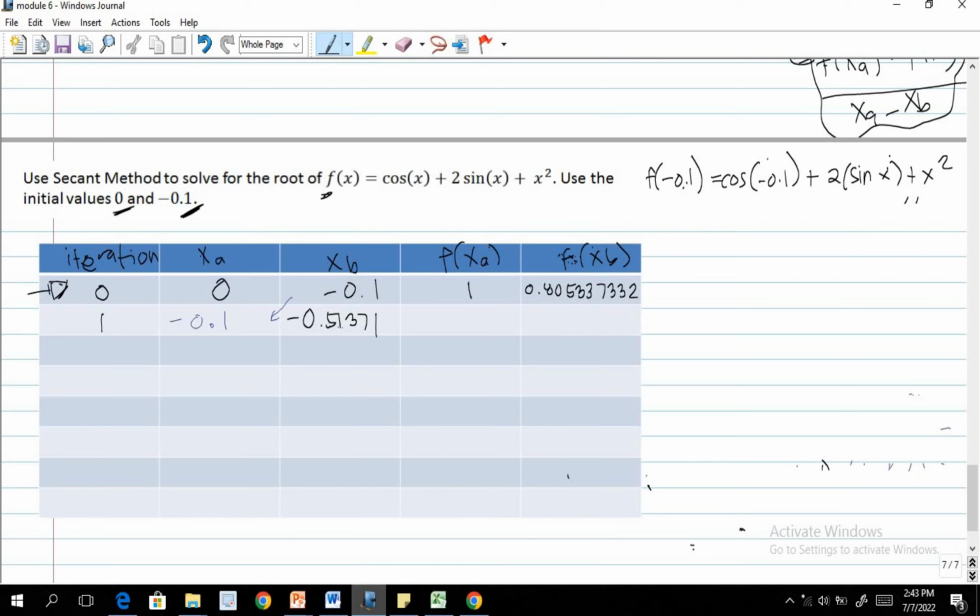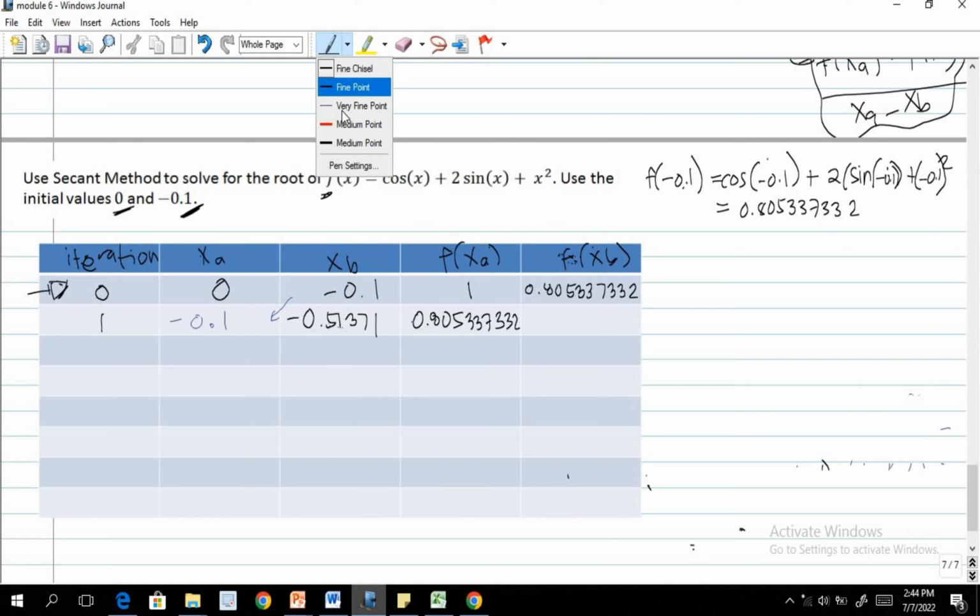Yung x dito, palitan natin siya ng negative 0.1. This should be sine of negative 0.1 and this is negative 0.1. Okay. So, ang lalabas sa calculator is 0.80533733.